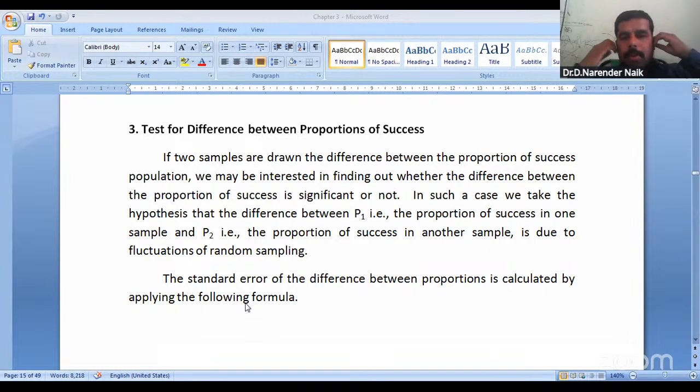If two samples are drawn, we may be interested in finding out whether the difference between the proportions of success is significant or not.